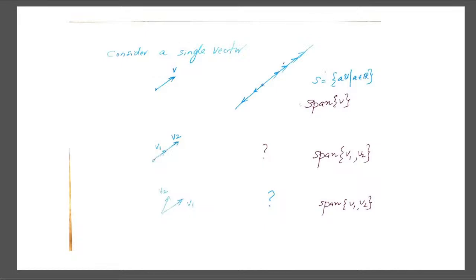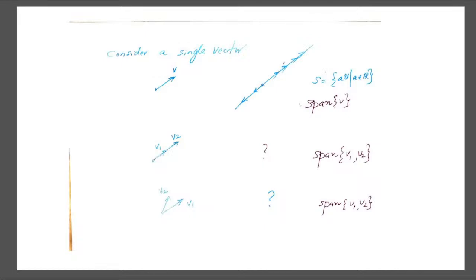So if you consider a single vector from this 2D vector space, and you want to do all those things that are allowed in additions and scalar multiplications.